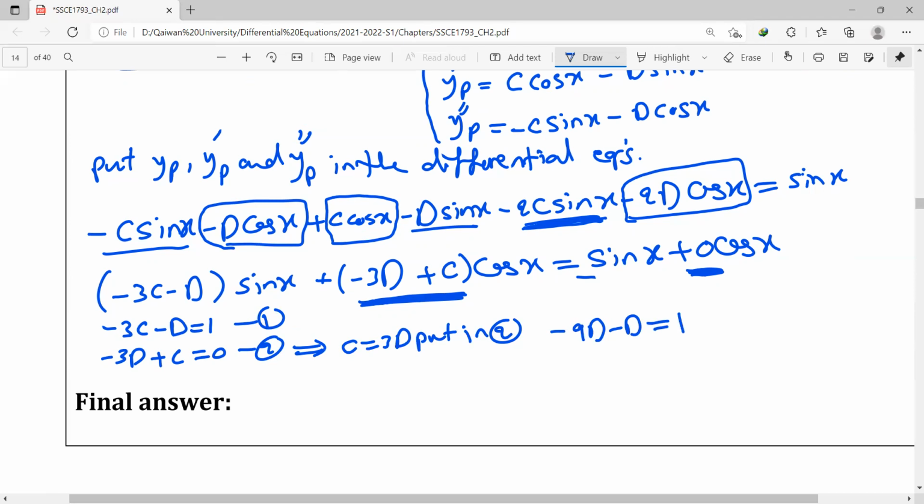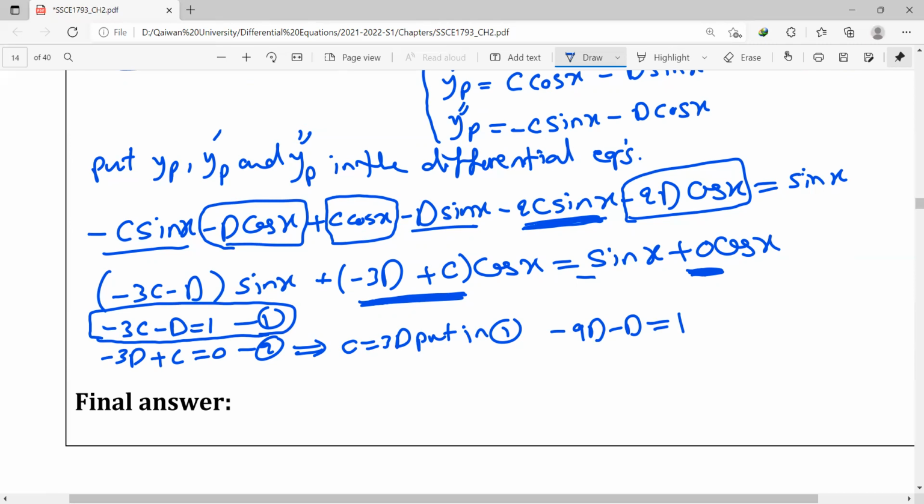We just replaced c by 3d in equation 1, so in 1, not 2. If we replace c by 3d, we get minus 3 times 3d, which is minus 9d.